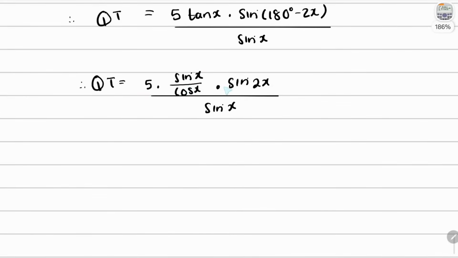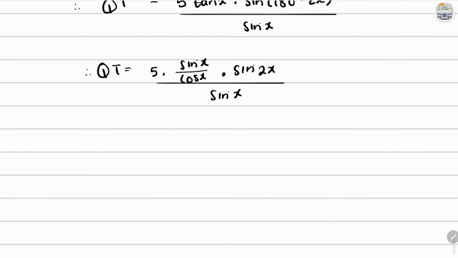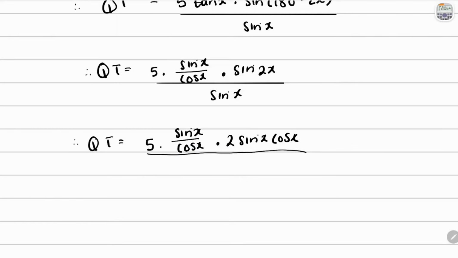At this point, you can cancel out these two in the numerator, but here's another thing we could do just to make this look more simple. We're saying 5 multiplied by, and let's just say that was still left the same, sine x over cos x. Then we could use the double angle identity for sine 2x, which is 2 sine x cos x, and this goes all over sine x. And now you see that sin x and sin x will cancel here.